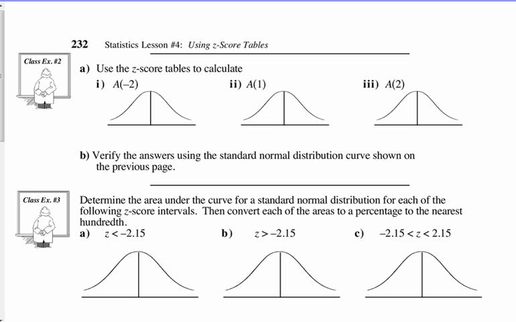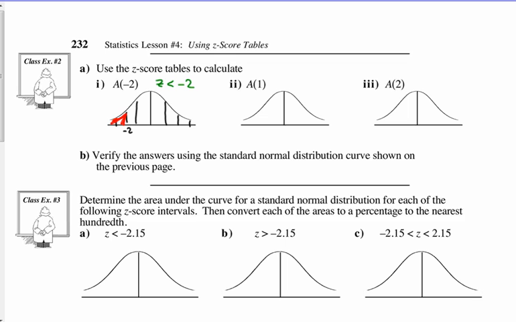Okay, let's look at another problem. Use the Z-score table to calculate the area under -2. That's the same thing as Z less than -2. So let's draw in 1, 2, 3 on each side, bars, 1, 2, 3, 1, 2, 3. We'll put in -2, and we want to shade to the left of -2.